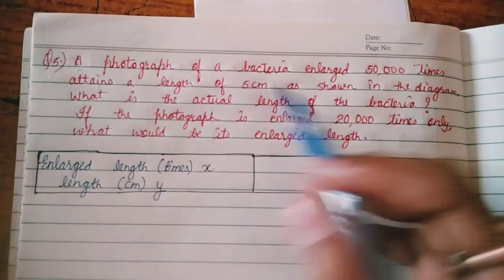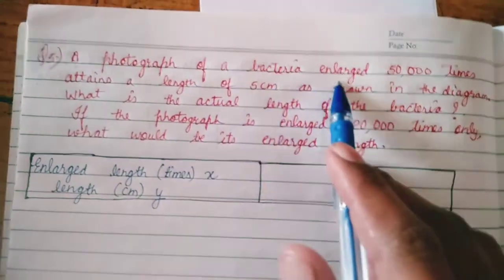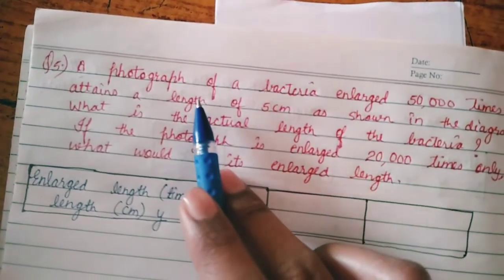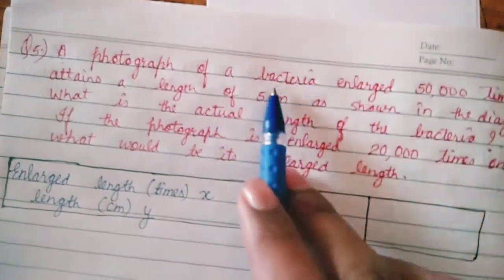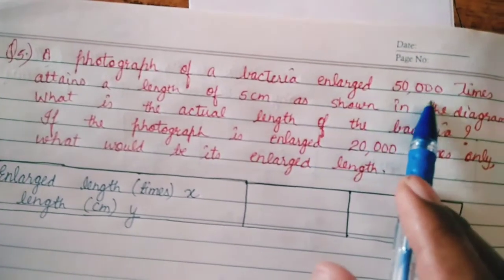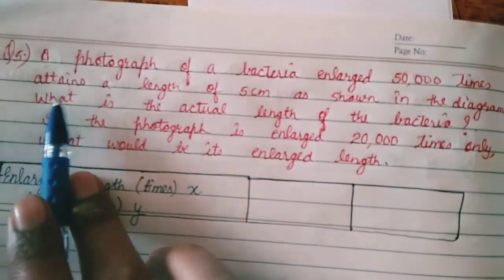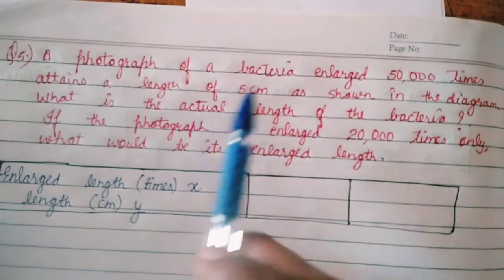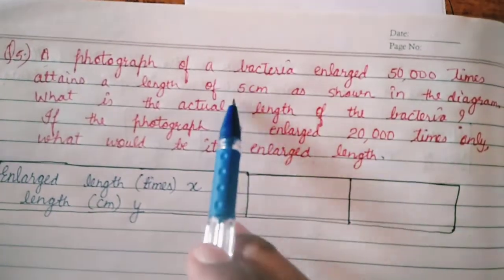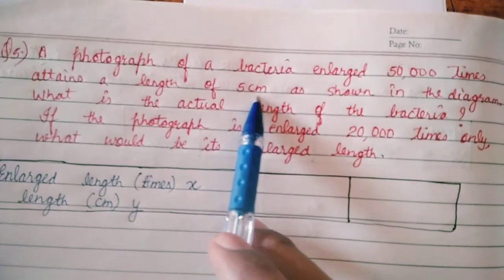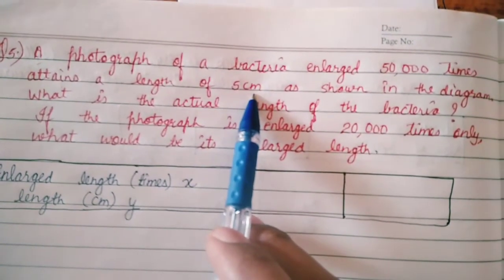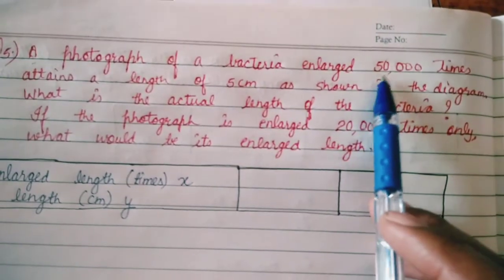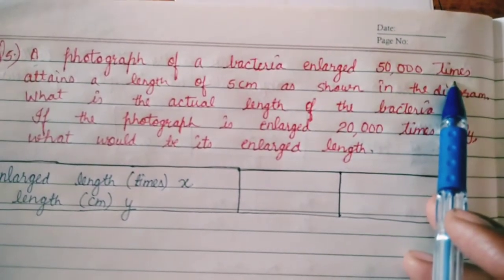Question number 5: a photograph of a bacterium enlarged 50,000 times attains a length of 5 cm. It means when we take the photograph of the bacterium, it is enlarged 50,000 times and is 5 cm long.